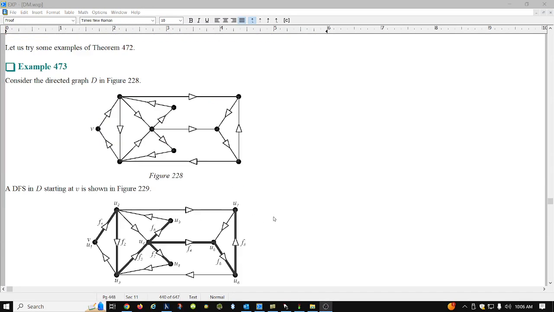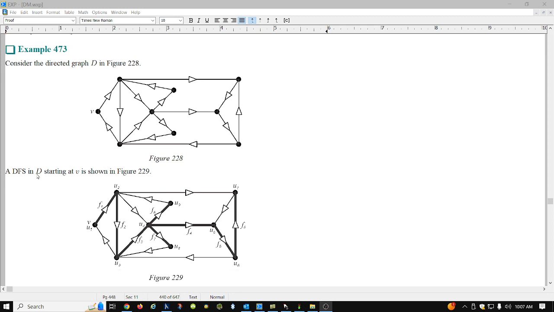Let's try some examples. Here is a directed graph. A directed depth first search of that graph is shown here. The bold edges form a directed depth first search.